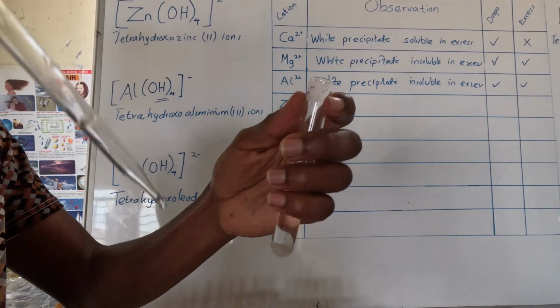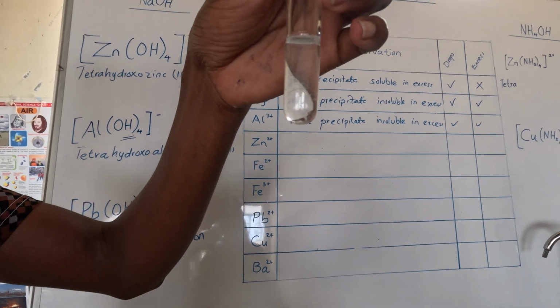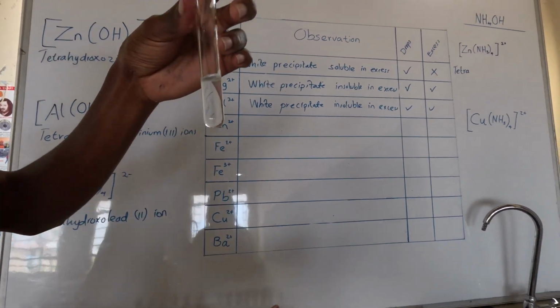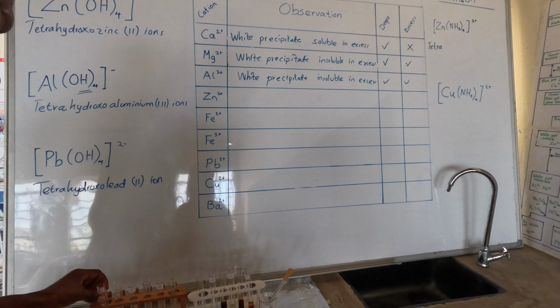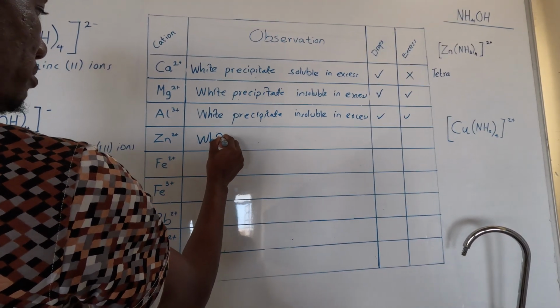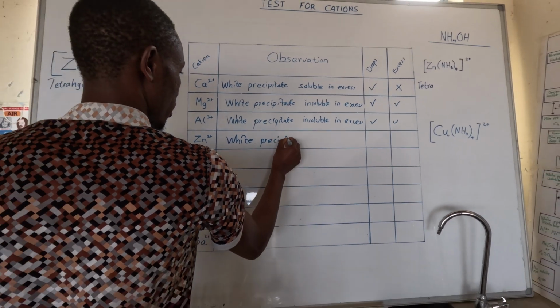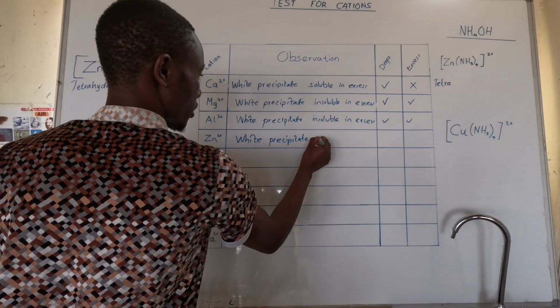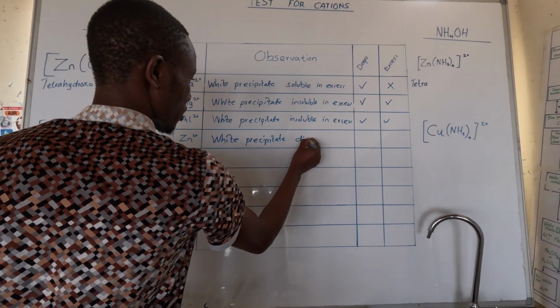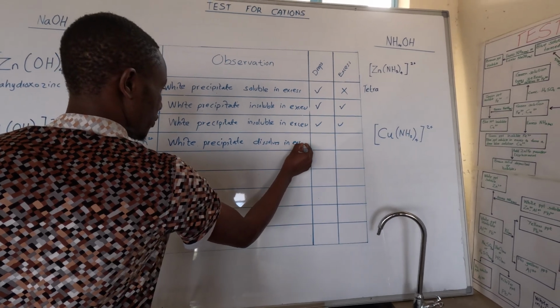Let me just do it for the case of this experiment. What has happened? It has dissolved. So we are going to say white precipitate, soluble or dissolves in excess.